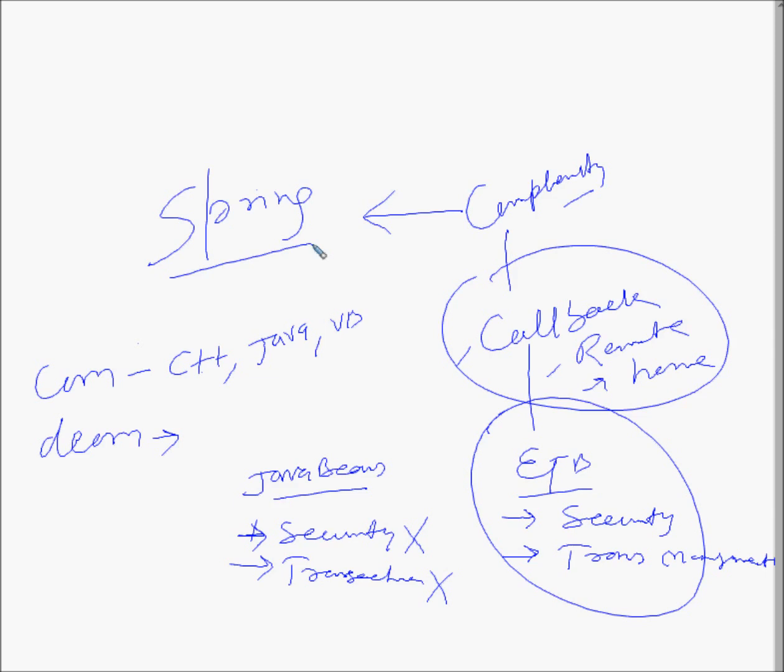We are not supposed to create objects, right? And there are some other advantages I can say. Spring enables POJO programming, and dependency injection and inversion of control, it simplifies JDBC, and it is open source, so there's no vendor lock-in. So these are the major advantages we have with the Spring framework.